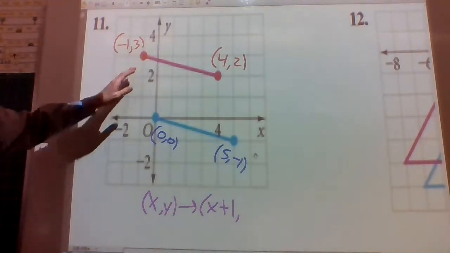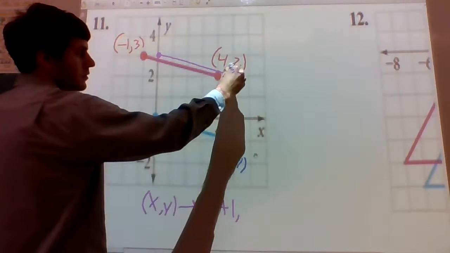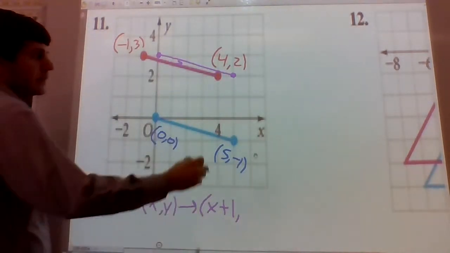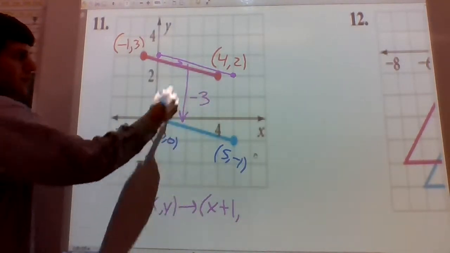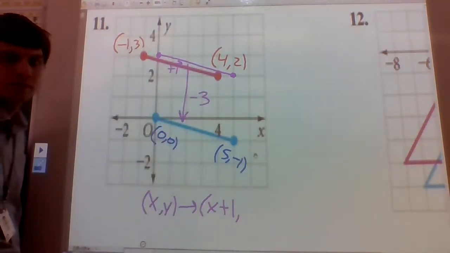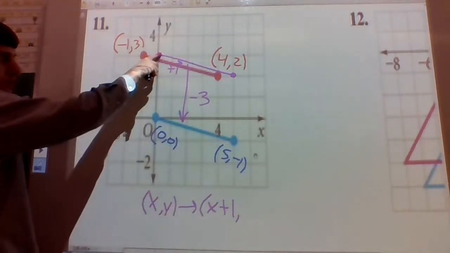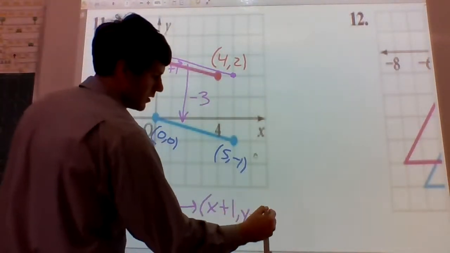If we shift this all over 1, it's going to look like this. Now we want to shift it down. So we have to go down 3. Plus 1 to the right, down 3, that's y minus 3.